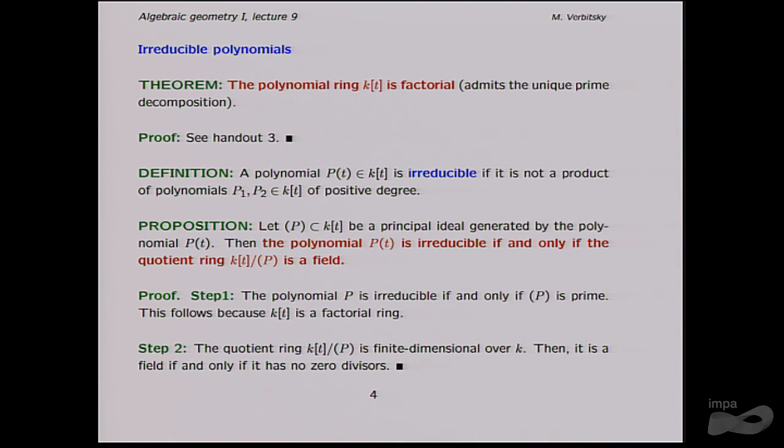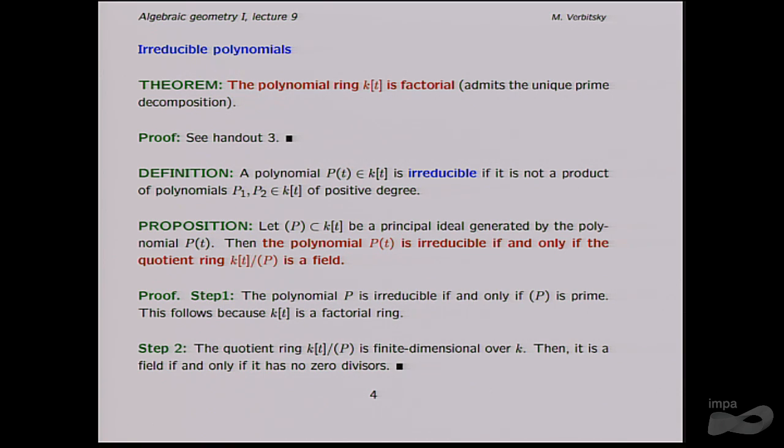Okay, so factorial rings are rings where you have prime decomposition which is unique. So, definition: factorial ring. We have that in a handout, a more precise statement.